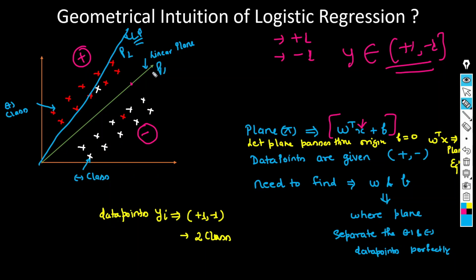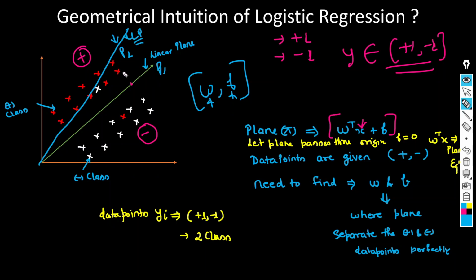So which plane can we use to classify both the classes correctly? For that we have to find different w and b values, right? Because x will be the same for both the planes, but w and b will be different for both the planes, right? So we have to change the w and b values, and then we will get different planes. This way we can find different planes.